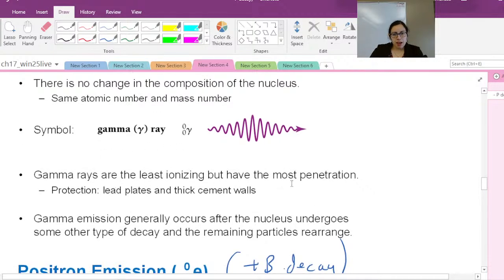It's the least ionizing, but has the most penetration. And so you would have to use a lead plate, or sometimes they're called lead pigs, where you have an enclosed case to put your radioactive elements in there.